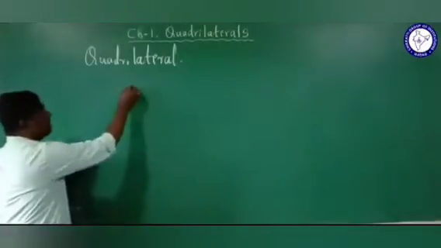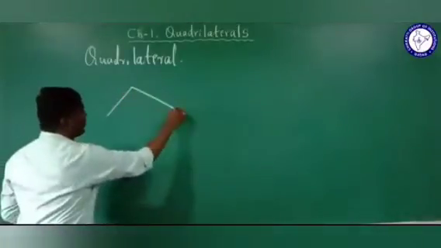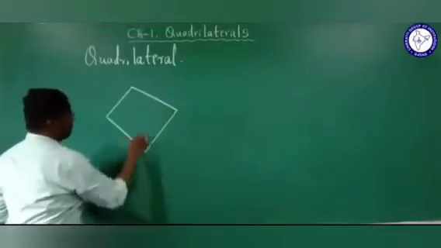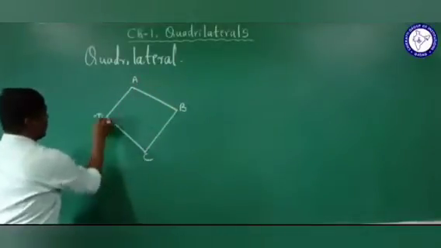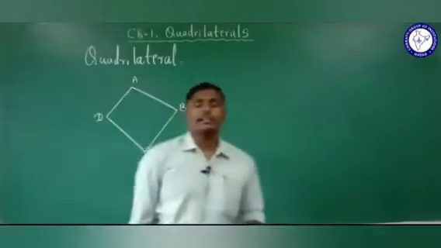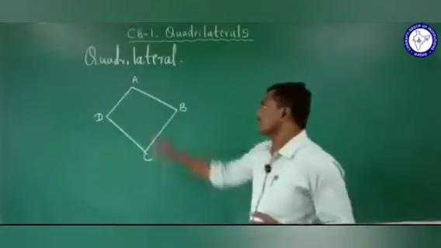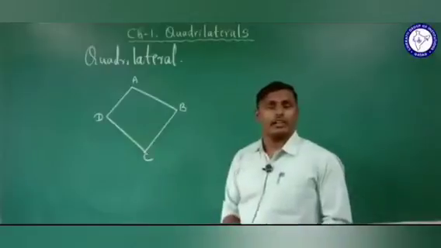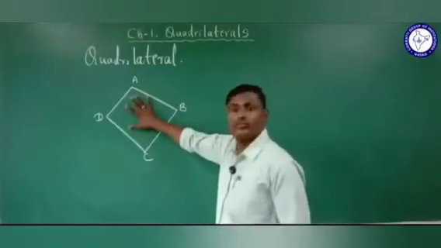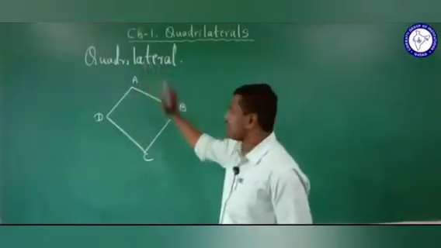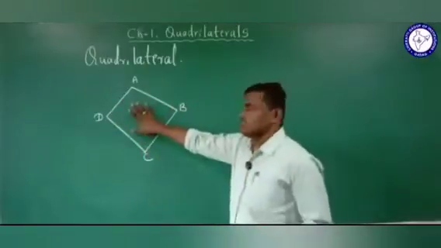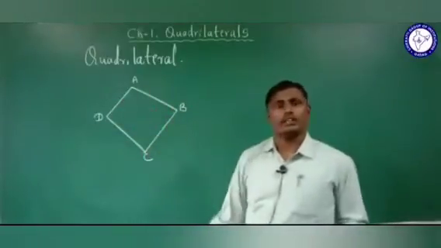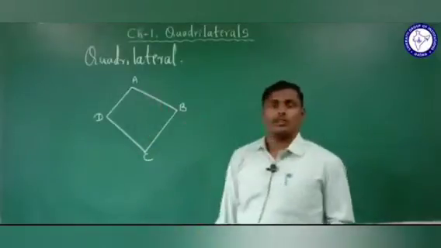For example, take quadrilateral ABCD. ABCD is a quadrilateral because it has four sides: first side, second, third and fourth. So the polygon has four sides, hence we call it a quadrilateral.